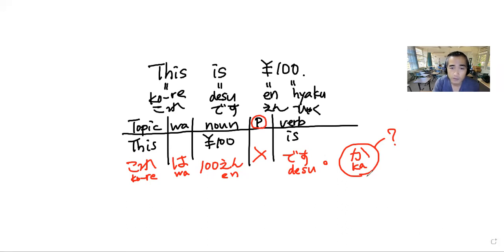Let's move on. Maybe you want to ask, how much is this? In order to make it, we need to focus on the price here. In this example, it says 100 yen. But when you go shopping in Japan, if you don't know the price, you need to say how much.